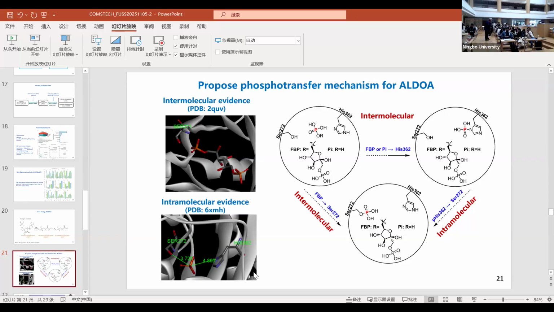Is there anyone using NMR for studying ligand-protein interaction, like STD NMR or transferred NOE?